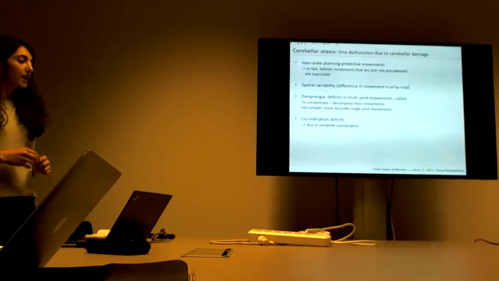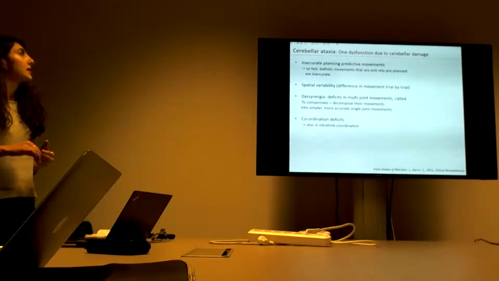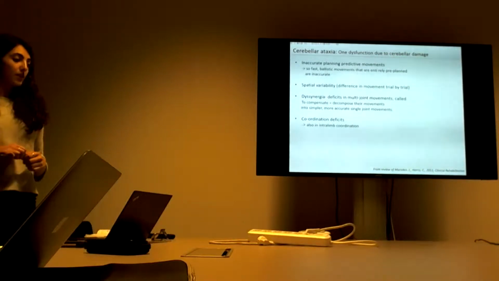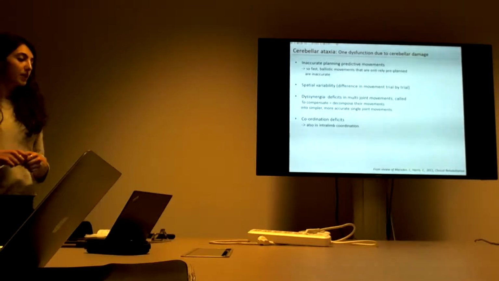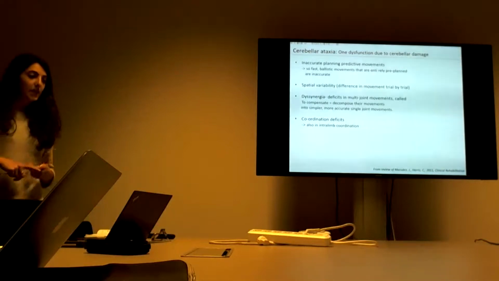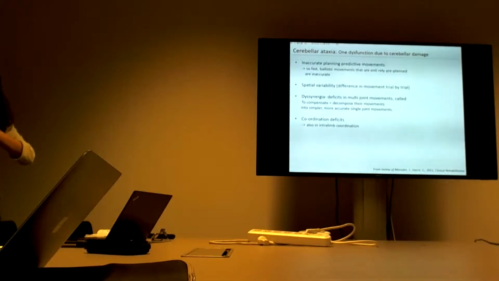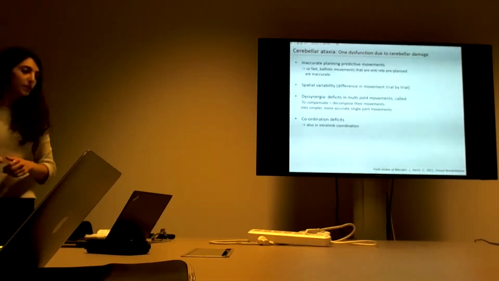One of the symptoms that they have is called cerebellar ataxia, and this is related directly to movement. Dysfunctions here affect gait, so affect walking, because there's inaccurate planning of movements. There is a big spatial variability, so this means that each step within the sequence is quite variable from the other.